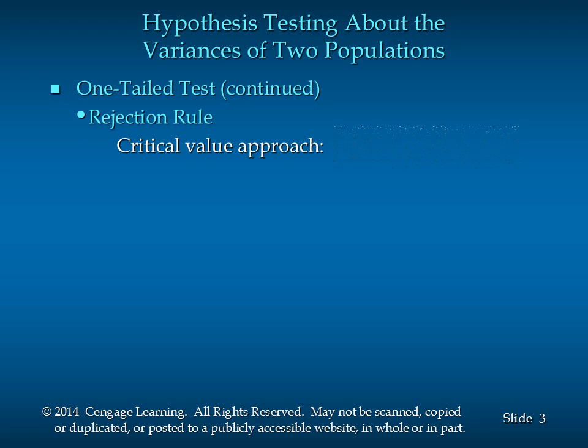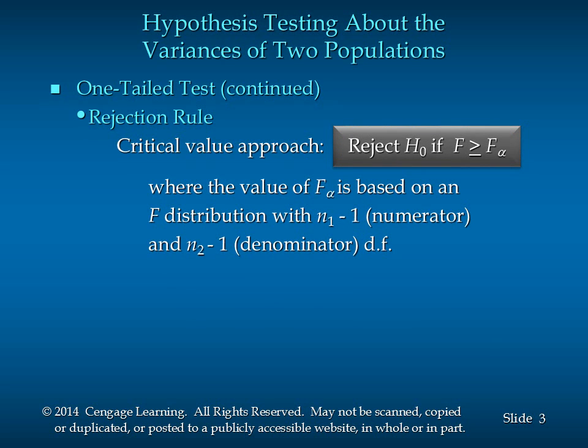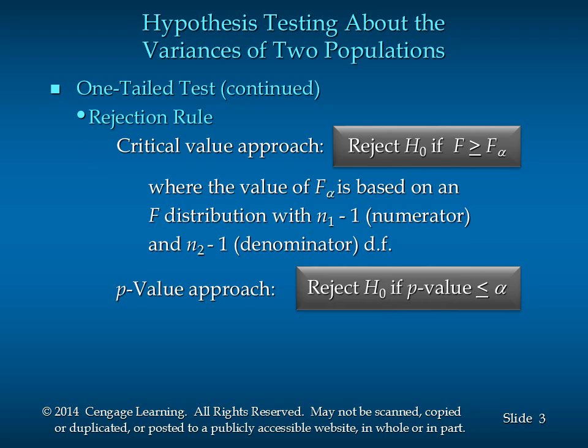So here's our rejection rule. All this should look very, very similar to what you've seen before. But instead of a chi-squared or a Z value or T value, now you're going to get a variable F for your critical value.